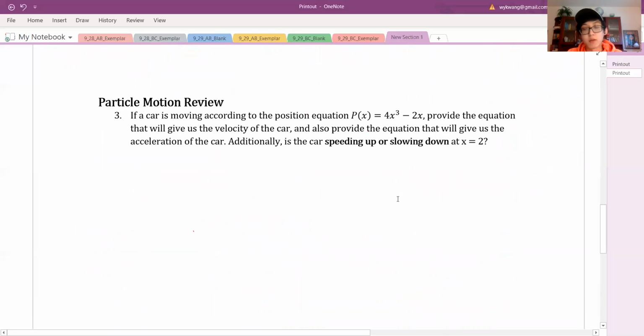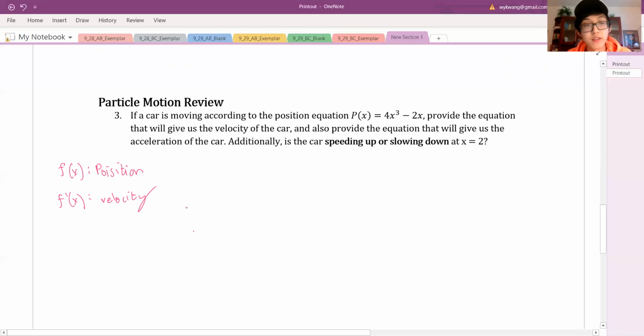That's now particle motion. So this should be really quick. If a car is moving according to a position equation, remember, f of x is position. Then f prime of x is velocity, which is just how fast you're moving, like 10 miles per hour.